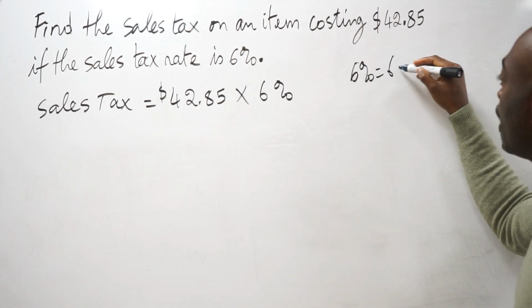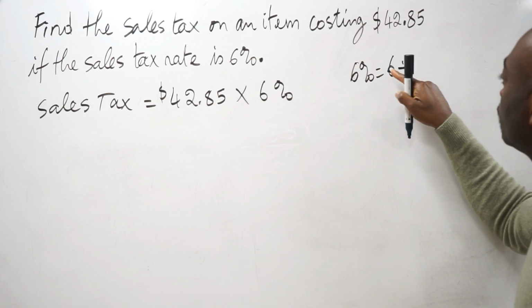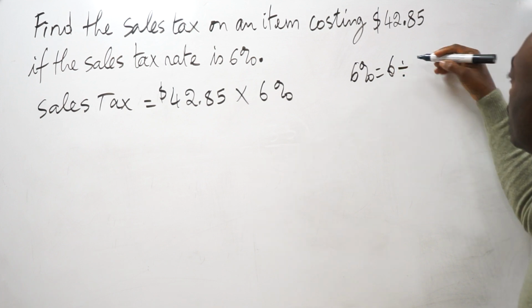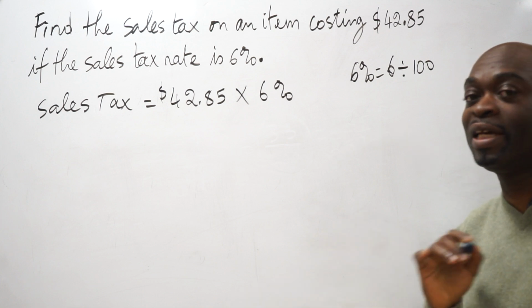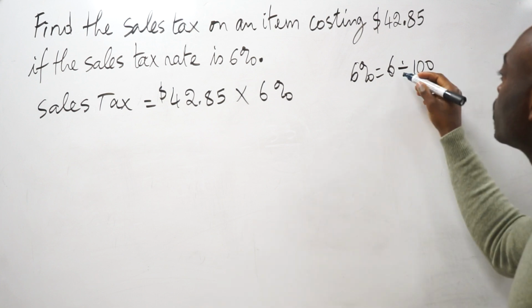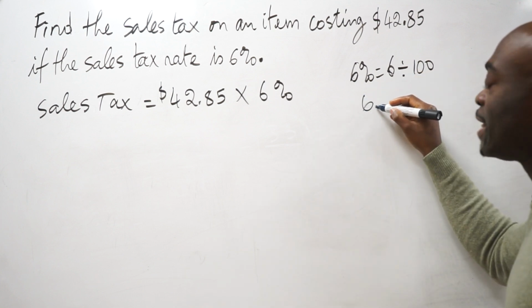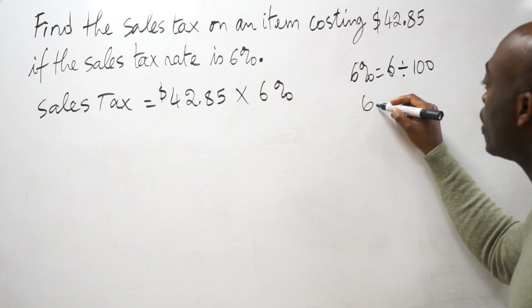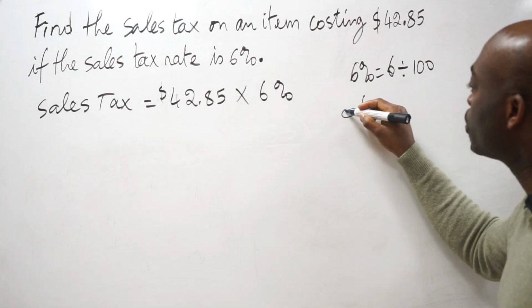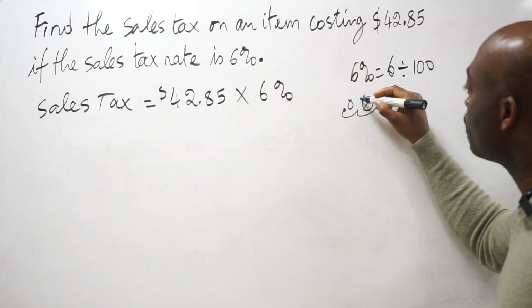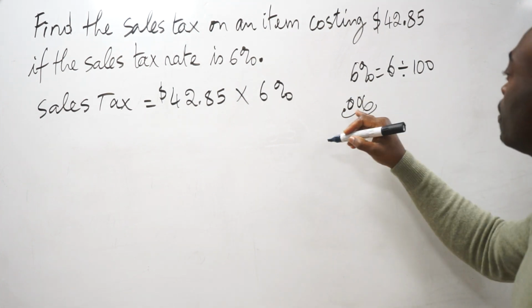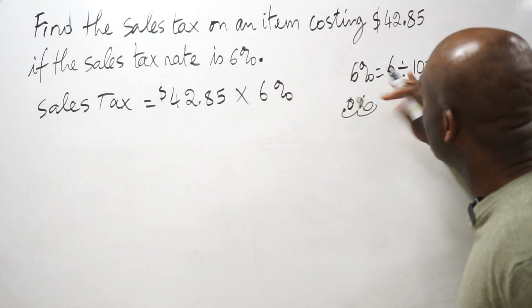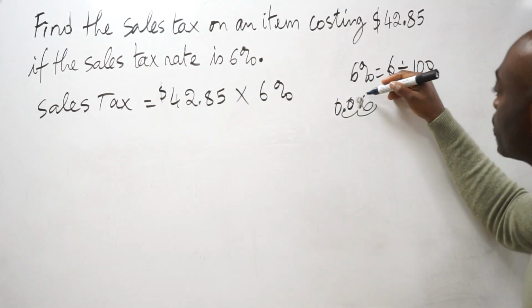So instead of going ahead and doing the division by itself, the easiest way is to take the 6 and then move the decimal place twice to the left. That means you're going from here, 1 and 2. So you have 0 and 0. So you have 0.06, all right?